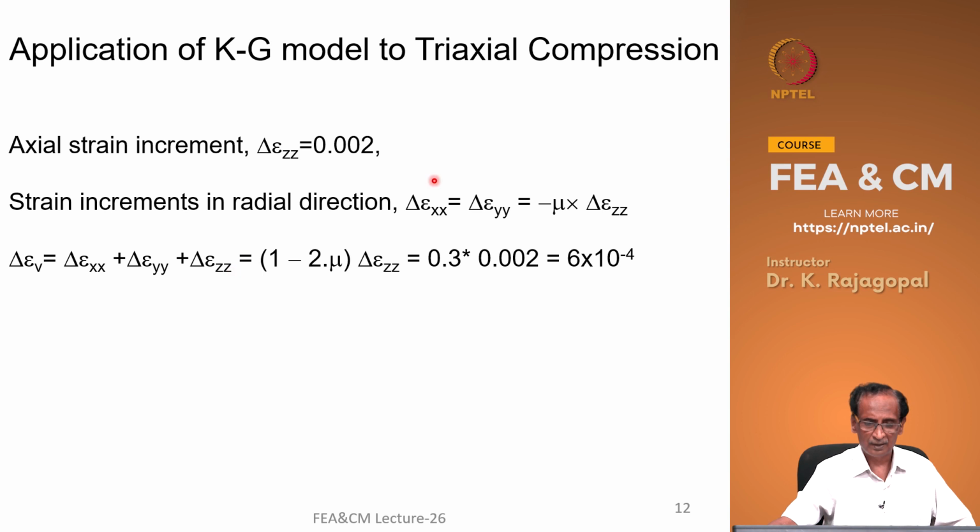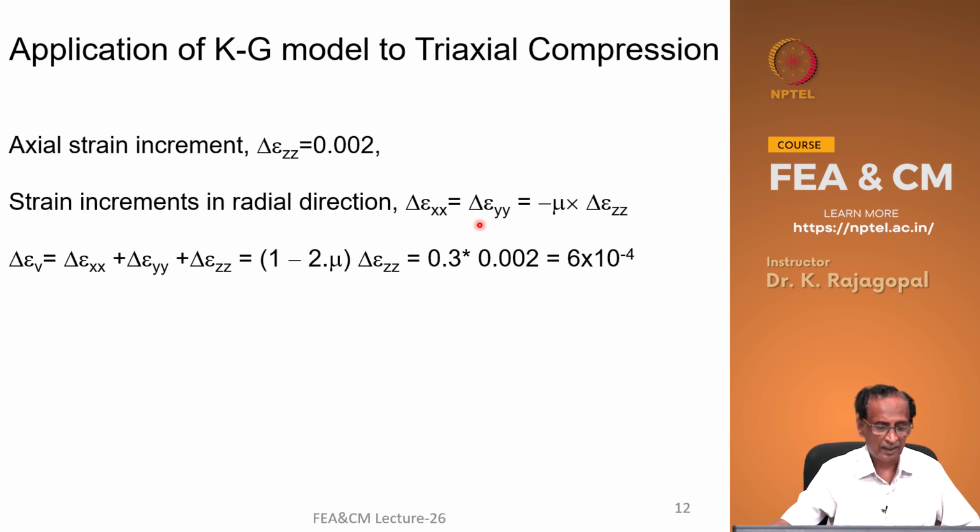Actually, I could have also written it as delta epsilon r. In that case, delta epsilon v is 2 times delta epsilon r plus delta epsilon z. Just to make it a bit clearer, I am using x and y coordinates, but it should be just one coordinate, multiplied by 2.